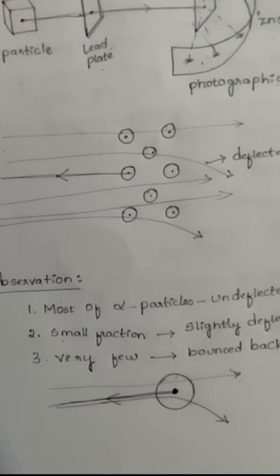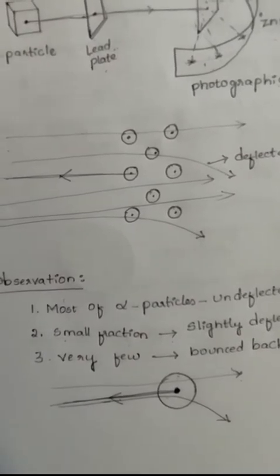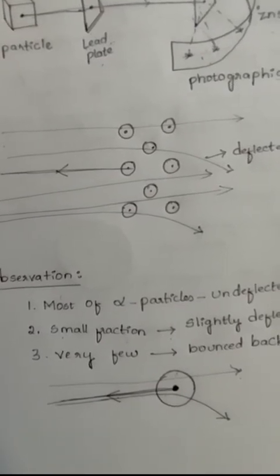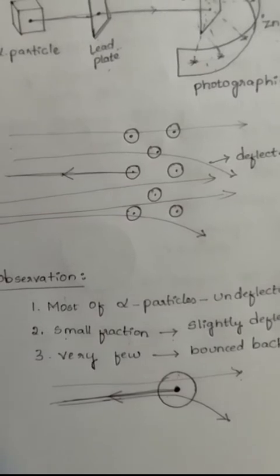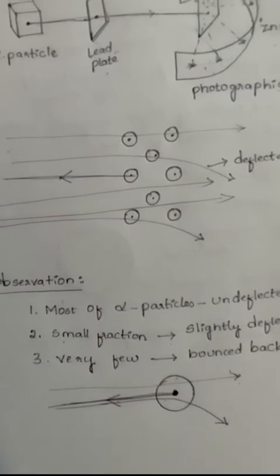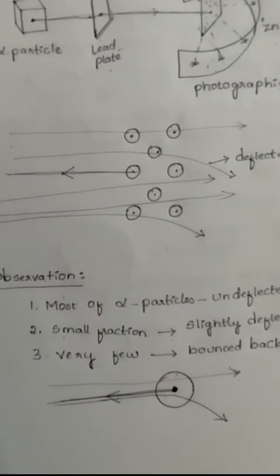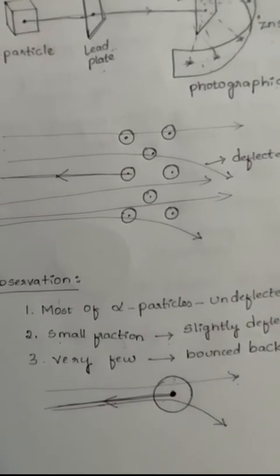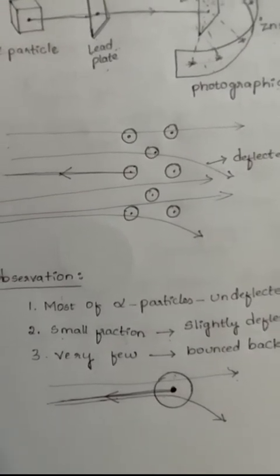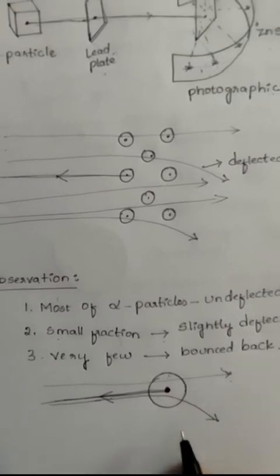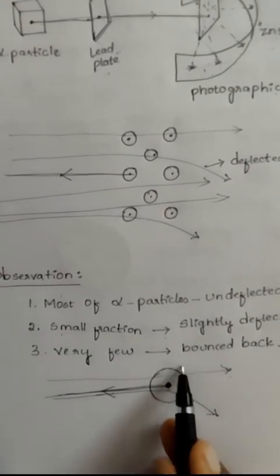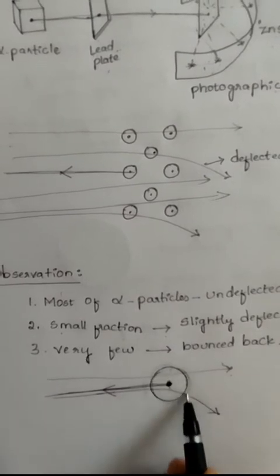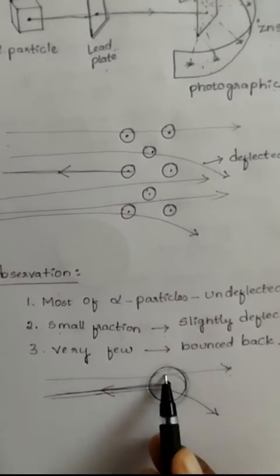Means the volume occupied by the nucleus. Here nucleus means the positive charge and the mass of the atom. The volume occupied by the nucleus is negligibly small when compared to the total volume occupied by the atom.